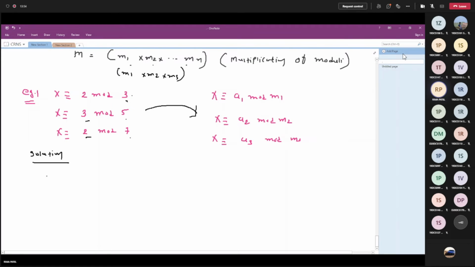So from the example, we can say A1 is given, that is 2. A2 is also given, that is 3. And A3 is given, that is 2. Okay. M1 is also given, that is 3. M2 is given, that is 5. M3 is also given, that is 7. Please pay attention because at the time of solving the Rabin crypto system example, I'm not going to show you this again.